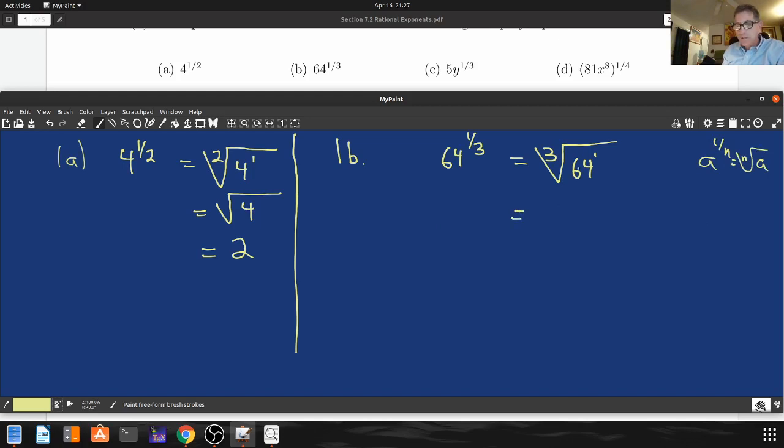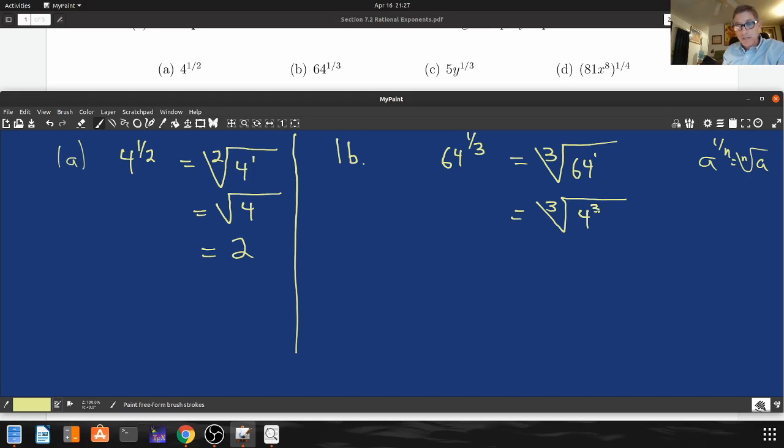What I need to do to simplify this is transform 64 to something raised to the third power. If we recall, 4 raised to the third power is equal to 64.